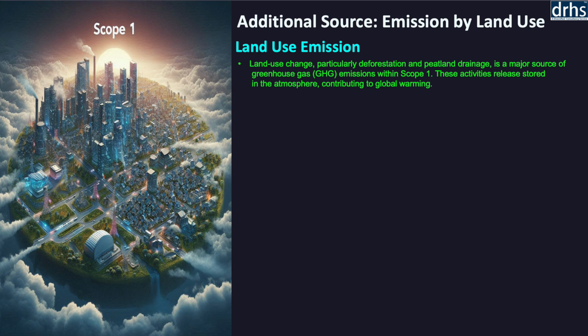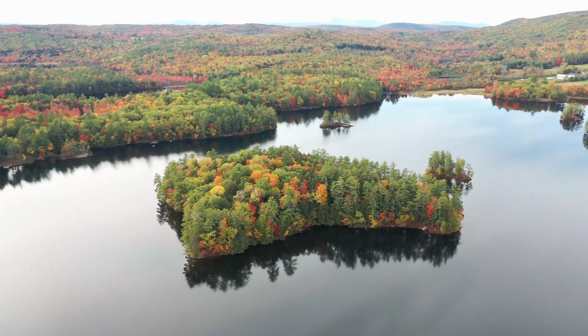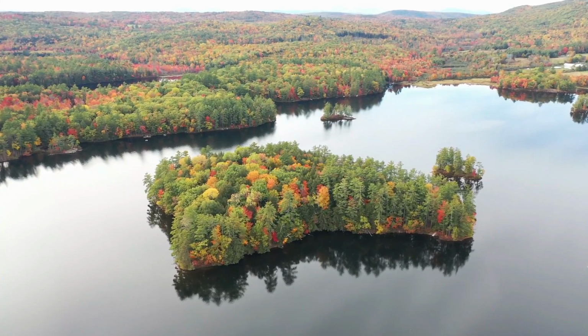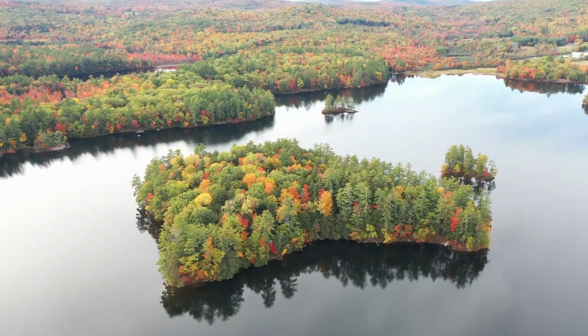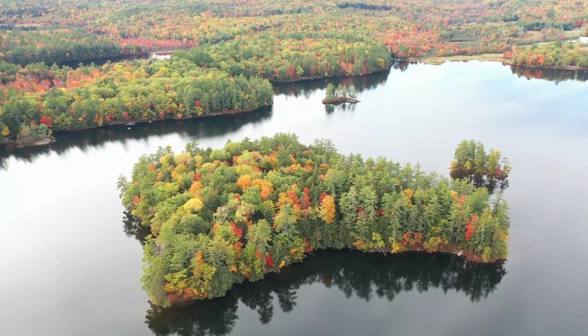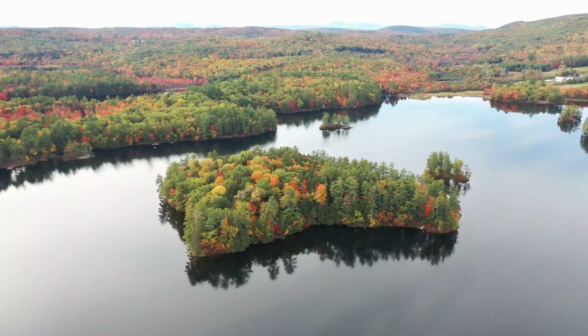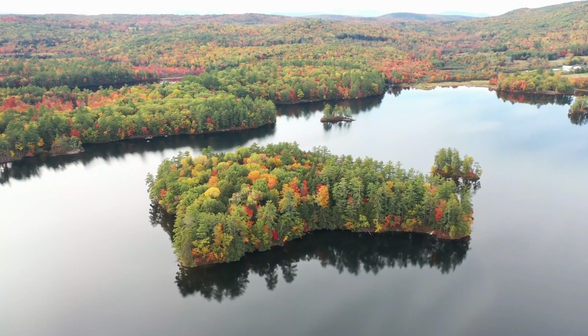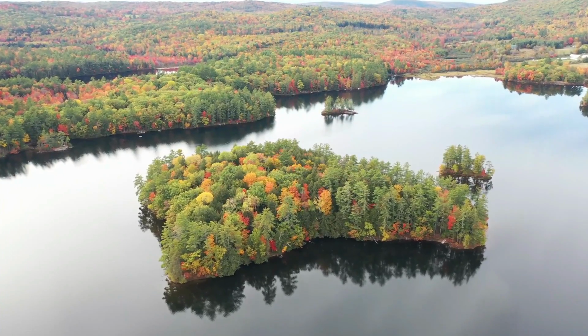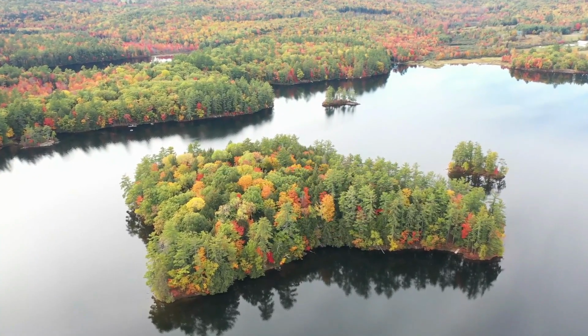These emissions are considered direct because they result from activities that organizations own or control. Change in land use, particularly deforestation and peatland drainage, leads to a substantial release of carbon dioxide and other greenhouse gases, contributing significantly to climate change.